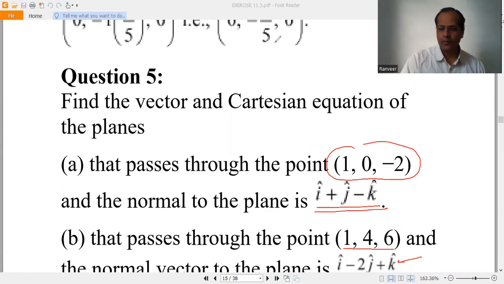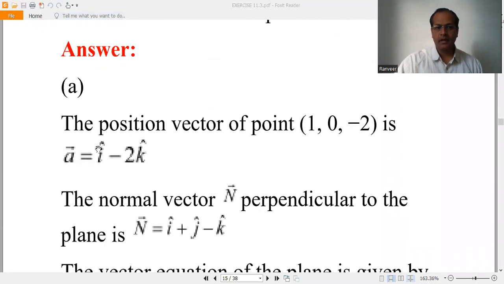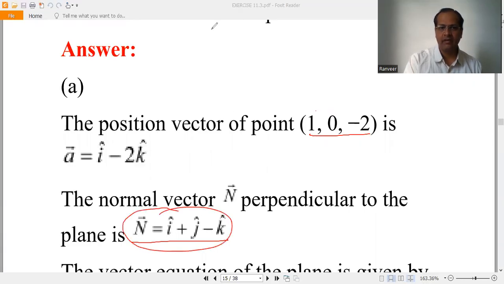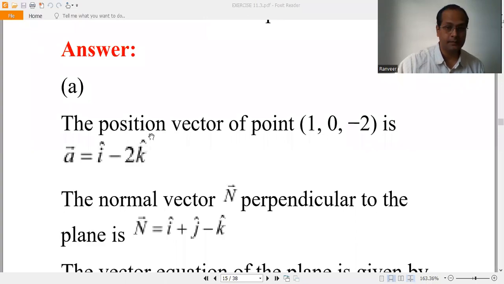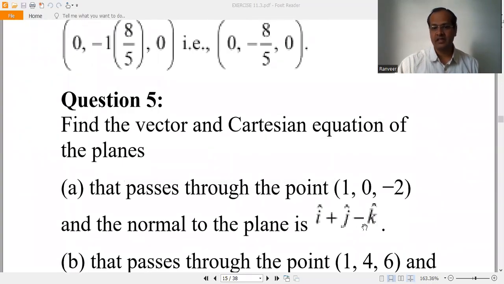Now, first of all, the position vector of the given point 1, 0, minus 2, we can write a equal to i minus 2k. Now the normal vector n perpendicular to the given plane, we can write n equal to i plus j minus k. This is the given value here, normal to the plane, i plus j minus k.